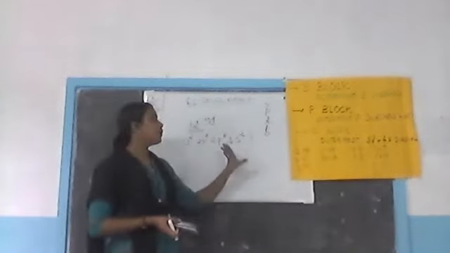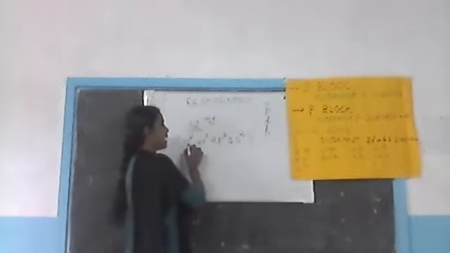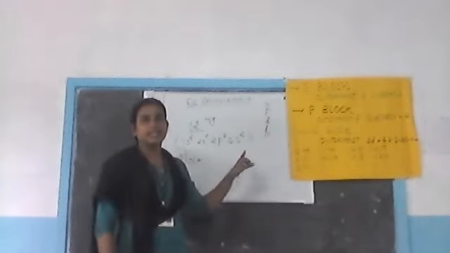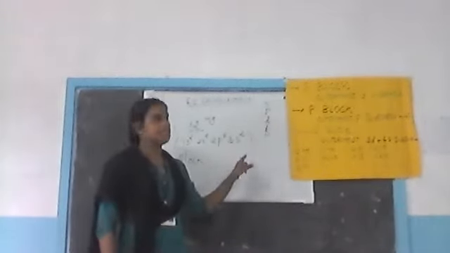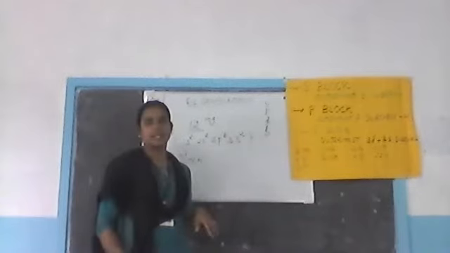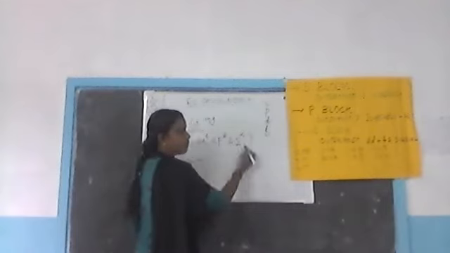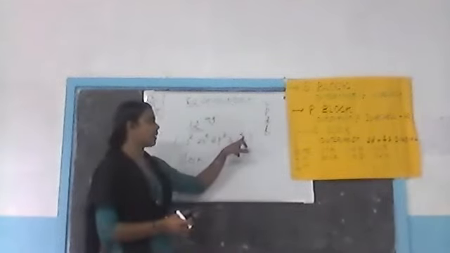Now we are going to find out the block. Here, check the subshells. What subshells are present here? S, S, P and S. To find the block, first of all we have to know in which subshell the last electron is added. The last electron is added in the S subshell, isn't it? So what is the last number of electrons? 2.